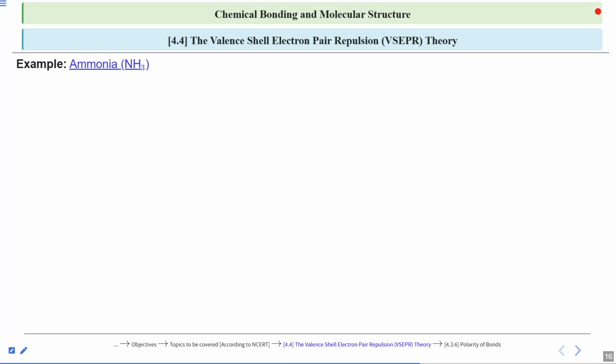Now, moving on to the next molecule, which again has a lone pair on the central atom. The example is ammonia. So this is the Lewis structure of ammonia. Now you can clearly see that the central atom, nitrogen, has a lone pair. Okay, so its shape would be different from the predicted one.